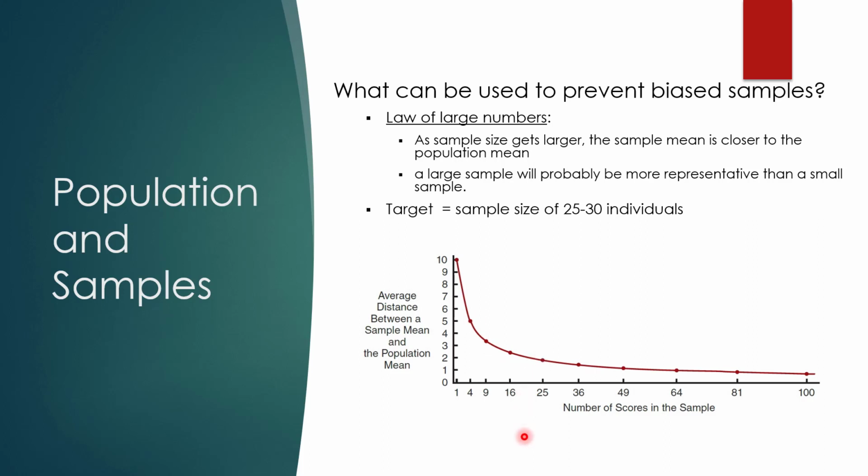And this is the number of scores in the sample. That's why we say between 25 and 30 is going to give us a fairly representative sample. And when we get much larger, we don't really get a sample mean that's more representative of the population mean. And there are other factors that can come into play when you use really large samples.